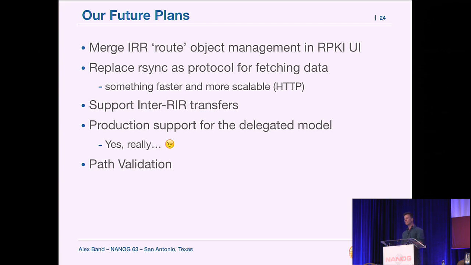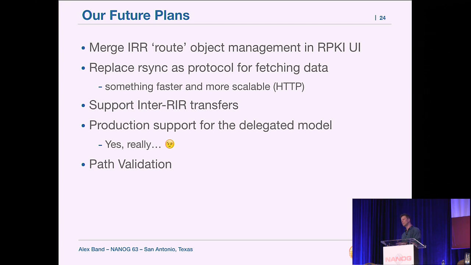Then with regards to getting the data out faster, currently all of the fetching of all of the objects out of the repositories is done over rsync. If you know how rsync works, actually in calculating the differences, the server is involved. So if people want data faster, we could just say, sure, let's up the polling time, but we have 11,000 members, and if all of them want new data every minute, and they all start querying our repository over rsync, then 11,000 every minute, that's going to be lots and lots of server stuff that we need to put in order to be capable of handling that.